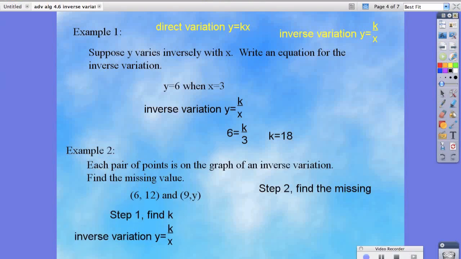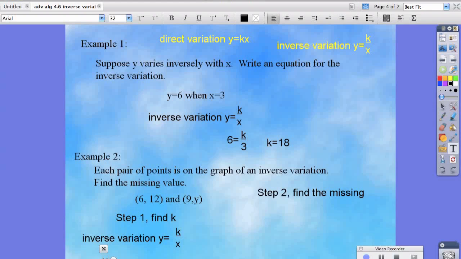Now, if y is equal to k divided by x, then couldn't we substitute these values in and say 12 equals k divided by 6?